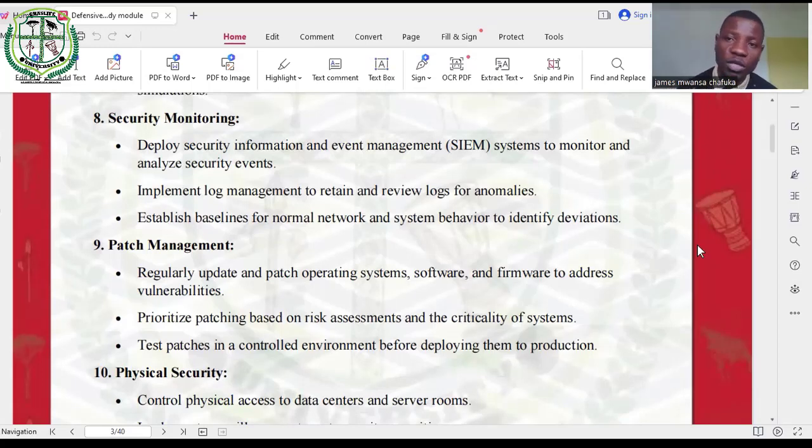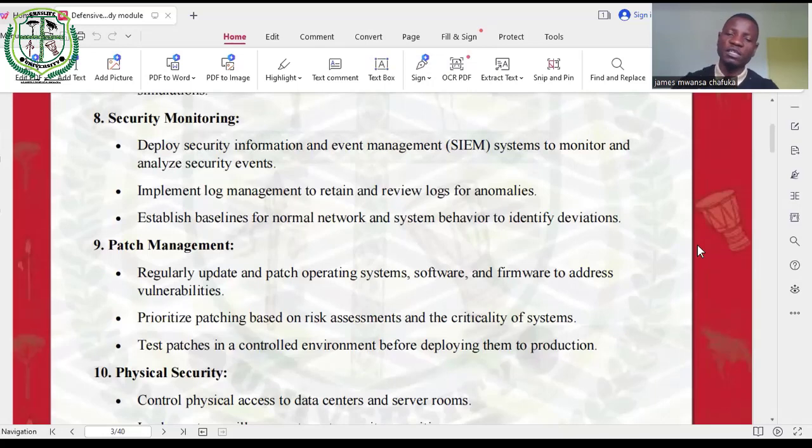Apart from that, we also have the aspect of security monitoring, which is very much important. Here, you deploy a security information and event management system to monitor and analyze security events. Putting up a system to monitor and analyze security events is very much important. And then the other point is implementing log management to retain and review.